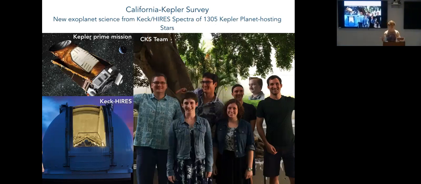So the goal of this study was to get a consistent catalog of stellar properties of the Kepler planet hosts. And within this catalog, also get better stellar parameters that then allow us to update planet parameters, such as planet radius. So this study was conducted with Keck-HIRES. It was done by these folks here, many of whom you might know.